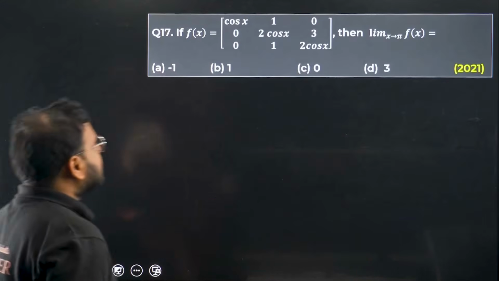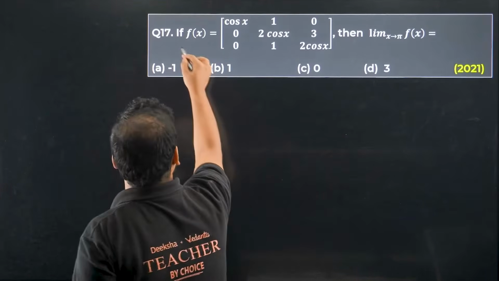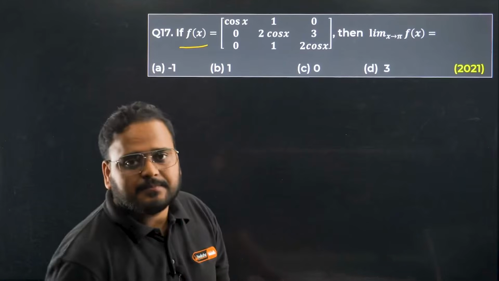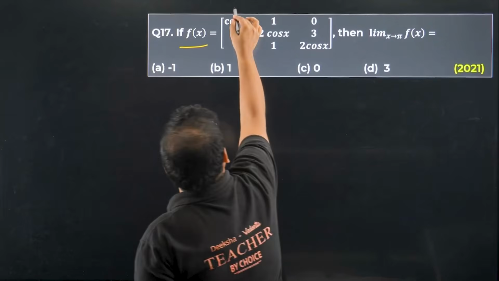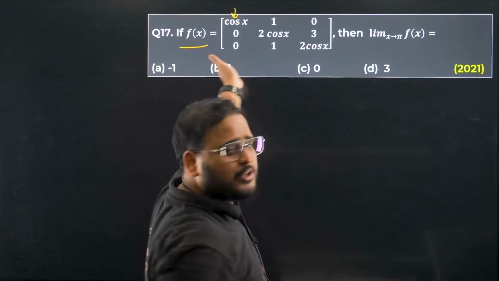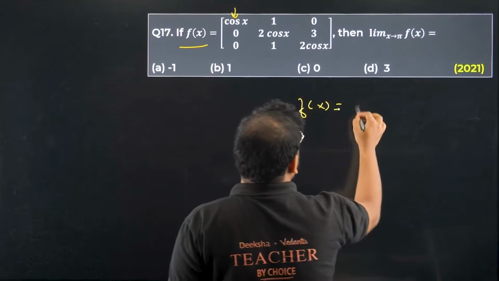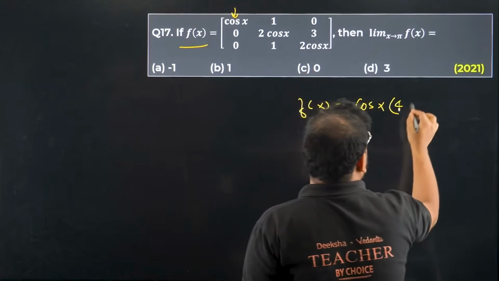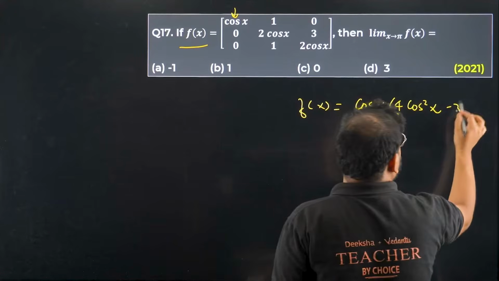Let's start. 17. Okay. Limit on this function fx. How do you solve it? First find the fx, then find the determinant of this. For this, I can expand along my first column because we have 2 zeros over there. So my fx value will turn out to be cos x times the multiplication of these two, 4 cos square x minus 1 into 3.